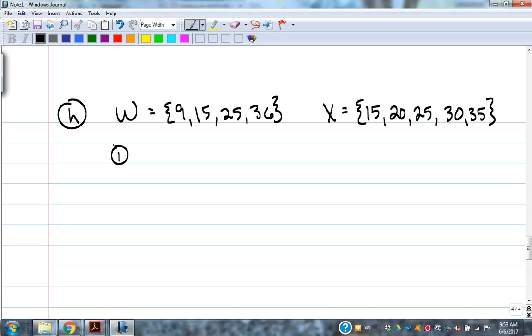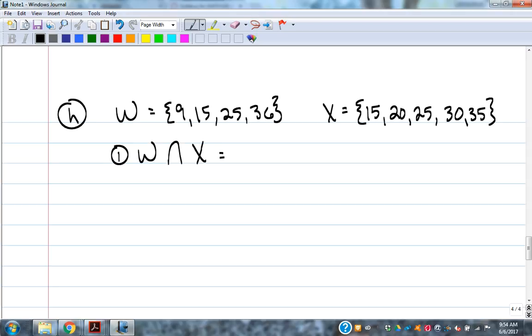So the first part of this, let's find this. I'm just going to use the notation, and we've got to decide what that means. What does that notation ask us to find? Yeah, where W and X intersect.